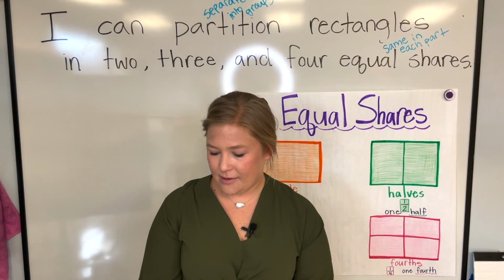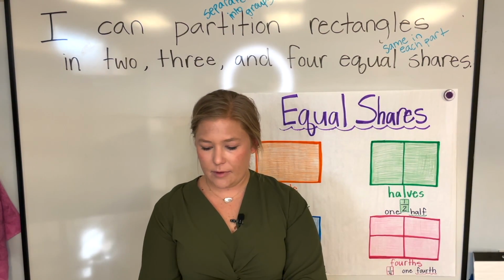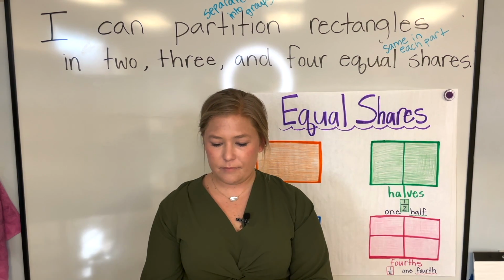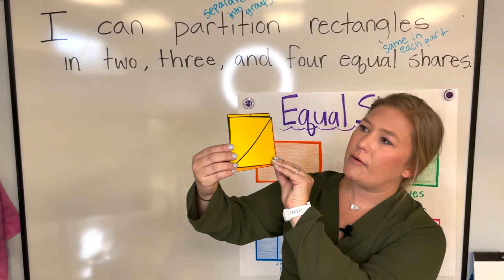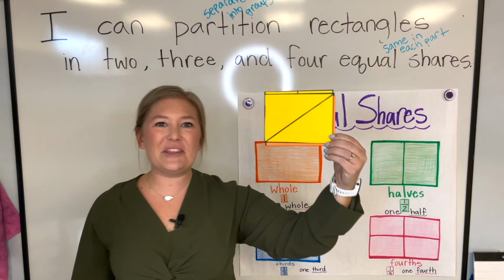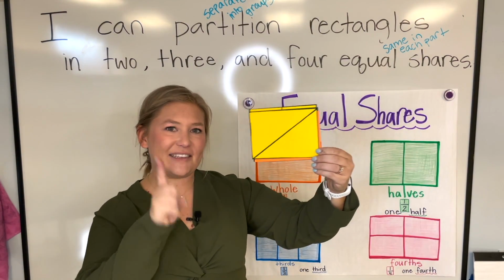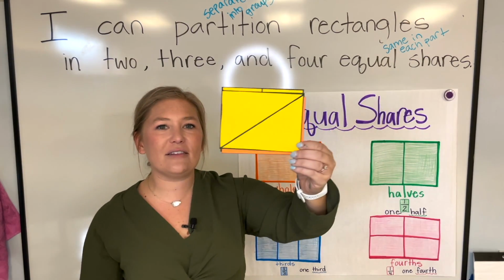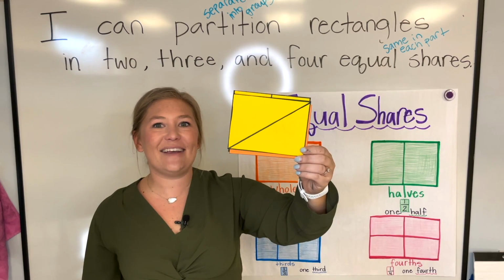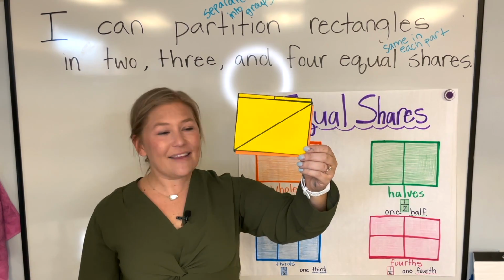All right, let's try another one. I'm switching them around because that one was kind of weird. Here we go. What about this one? This one looks a little different. Yes, I am trying to trick you. We have 2 shares. Are they the same size? Yeah, they are.